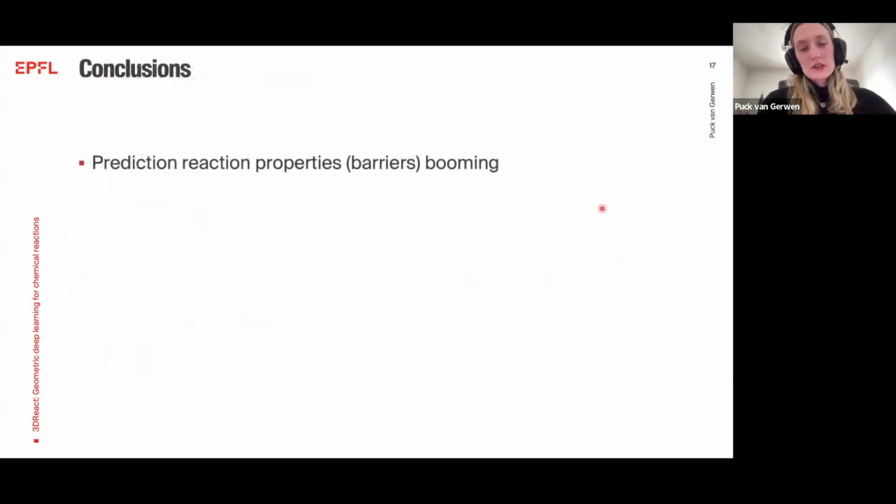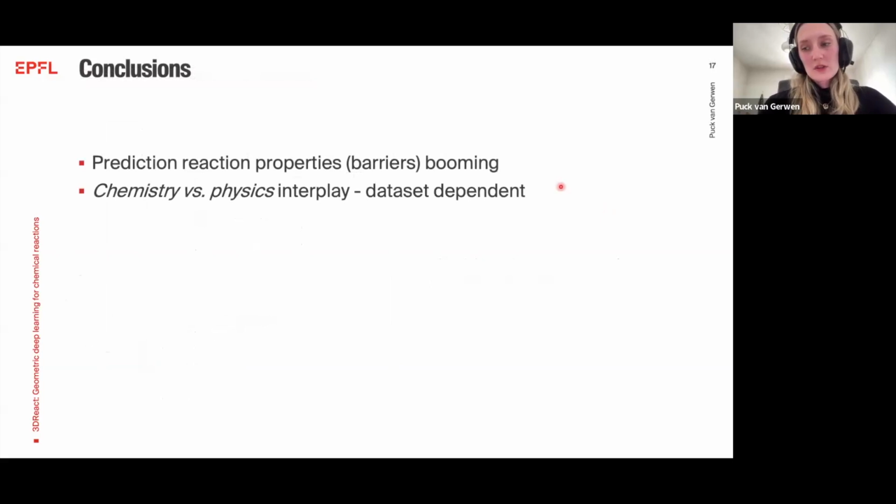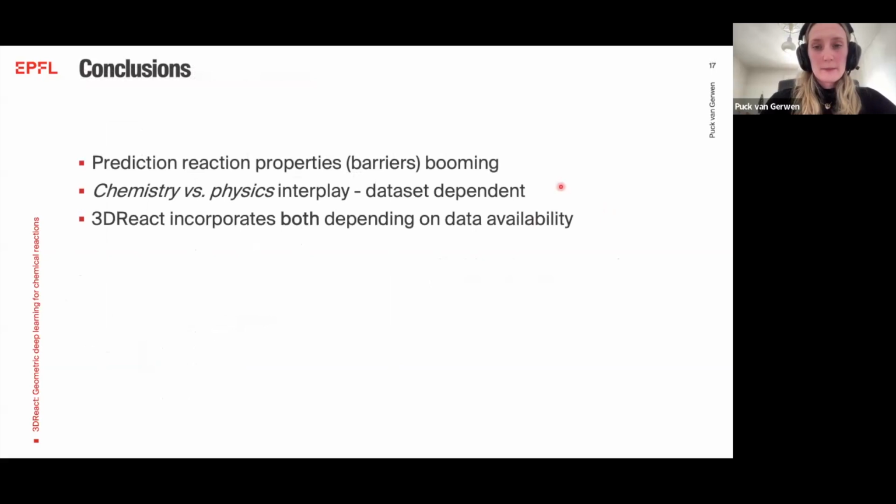So to conclude, the prediction of reaction properties, particularly barriers, is really a booming field. And it's quite interesting to think about whether you need chemistry or whether you need physics to make these predictions. What I have shown is that it's really dependent on the data sets. The benefit of 3D-React is that it's able to incorporate both, depending on the available data, compared to the other available models, which basically either had the 3D geometry or had the chemical information.